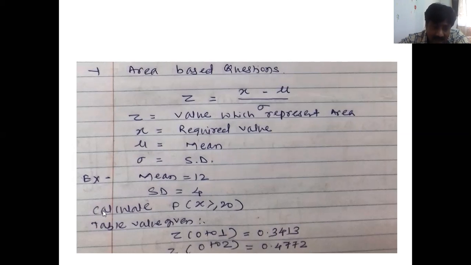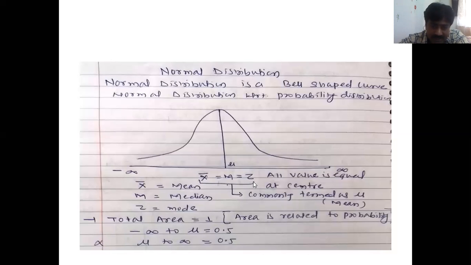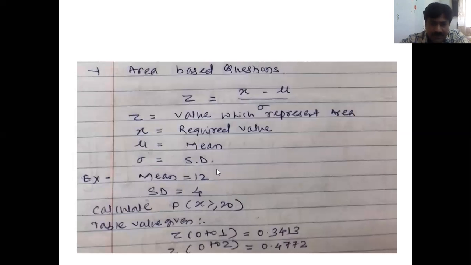We are asked only to calculate the probability of x greater than or equal to 20, and the mean, standard deviation and z table values are given. Here z is not the mode, as we saw in the previous slide; z is the value which represents the area.